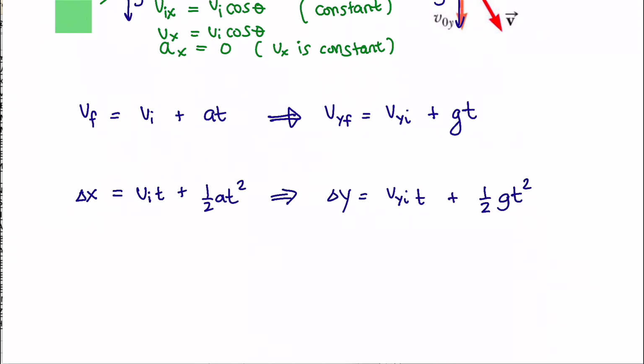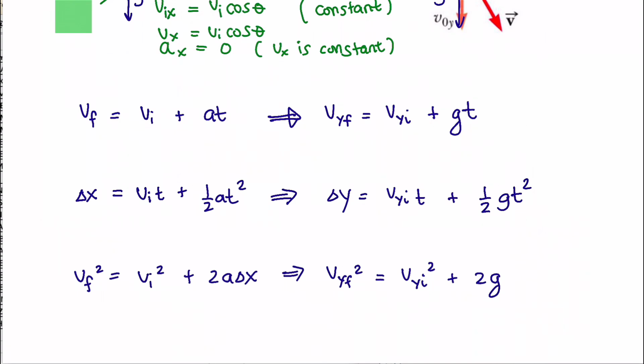And lastly, we have Vf squared is equal to Vi squared plus 2a delta x. As we write this with respect to the vertical component of the projectile's velocity, we could say Vy final squared is equal to Vy initial squared plus 2 times, again, the acceleration g, or the acceleration due to gravity, equal to negative 9.8, and instead of delta x, we will have delta y.